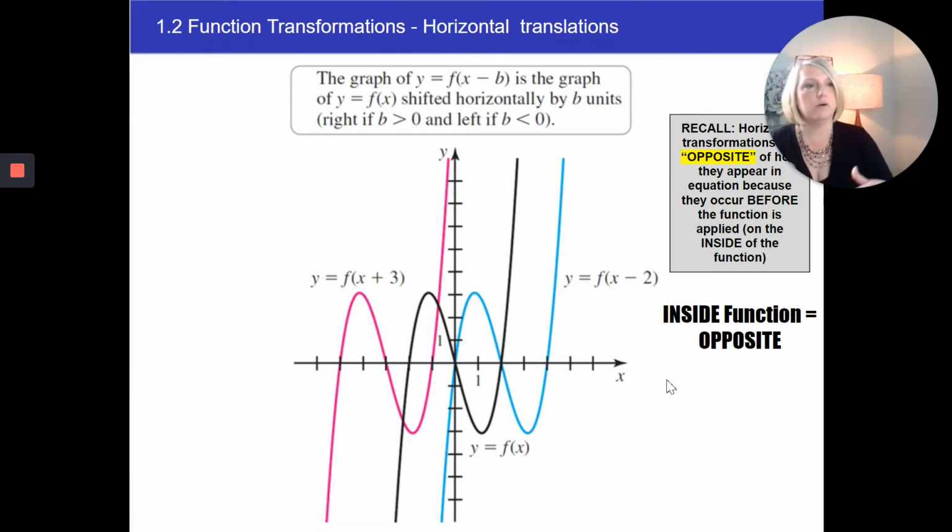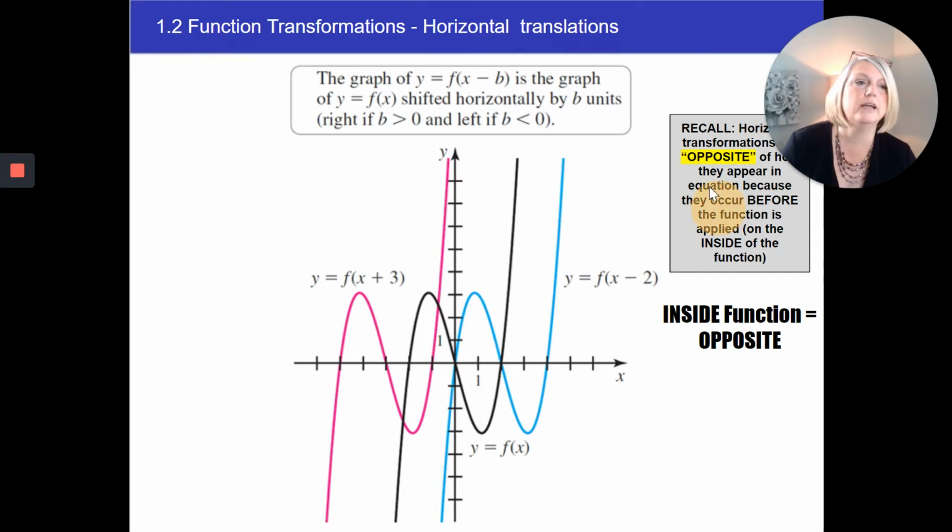We also have horizontal translations, and again, this is where you have to be careful, because it's going to be the opposite, since it happens before the function. With this x minus b, in order to put an input into the function, it has to be the same input you used to put into it.